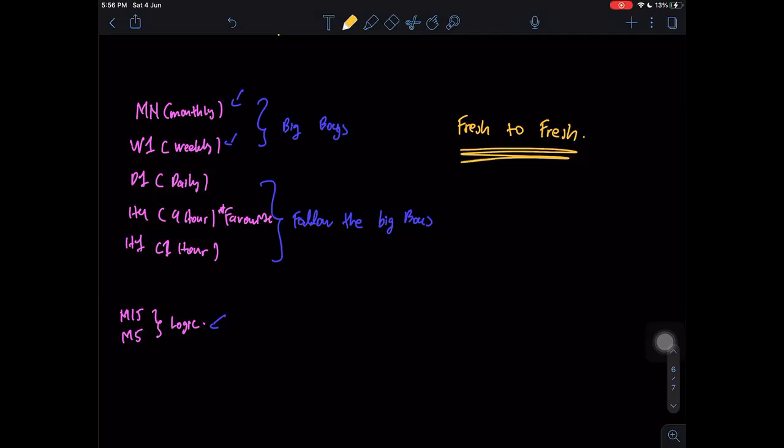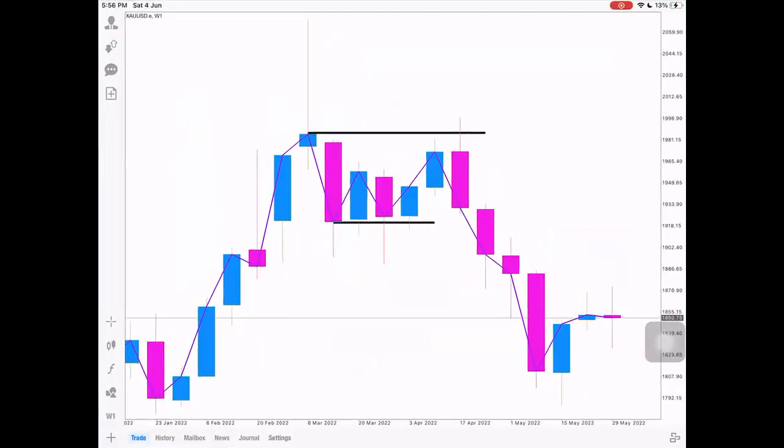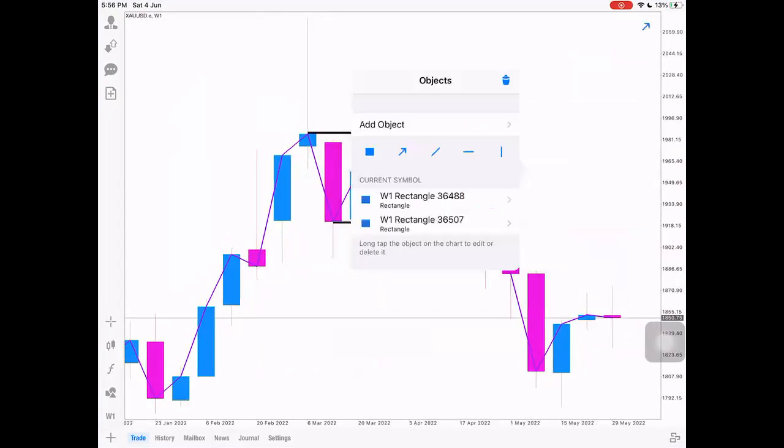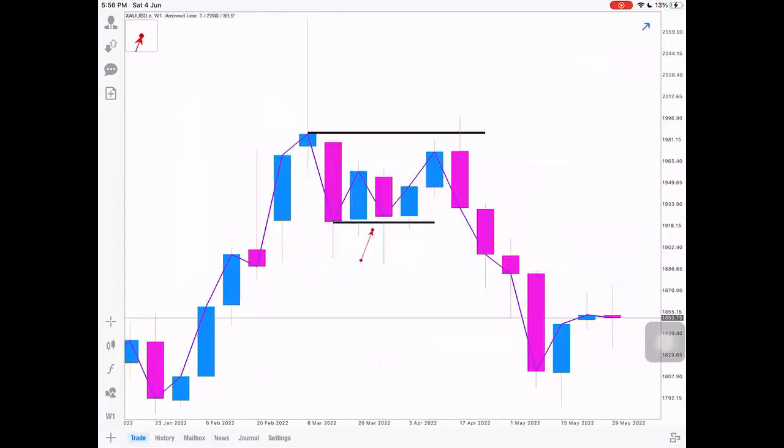It goes from a fresh support to a fresh resistance, then another fresh resistance to another fresh support, and then it goes again and again. Then one thing that's very important is closing price. You can see that this pink candle here went down, but then it closed above this support. You see the closing price?